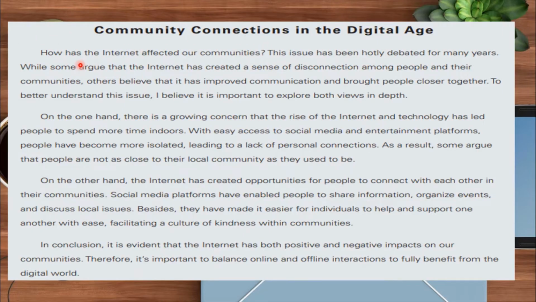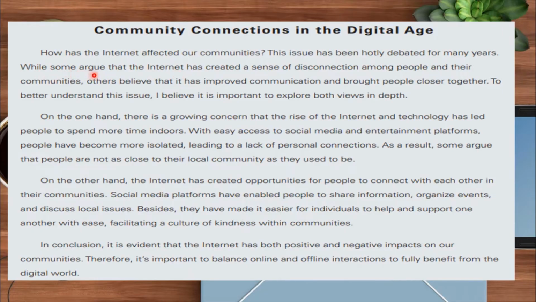How has the internet affected our communities? Okay, and then he explained this issue has been hotly debated or argued for many years and so on. And what he had done here, he clarifies that there are two teams.